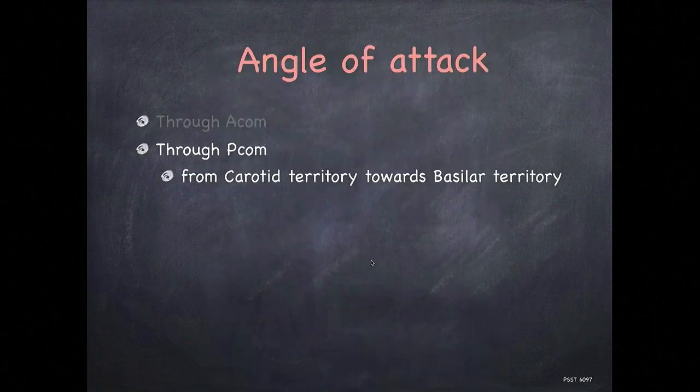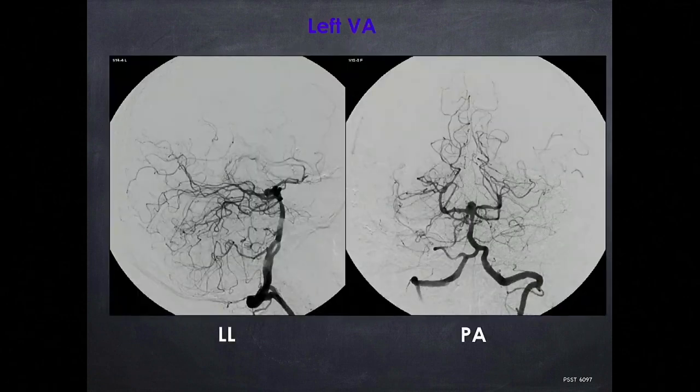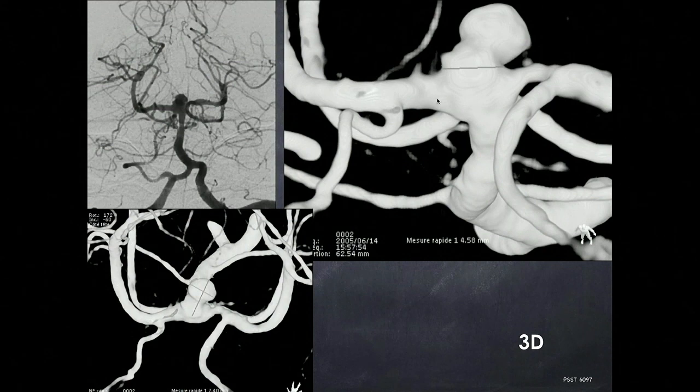This is another example of a ruptured aneurysm, very ugly looking. This is a close view, and as you can see, there is absolutely no neck. You have to treat this aneurysm. So you can use 2 balloons.